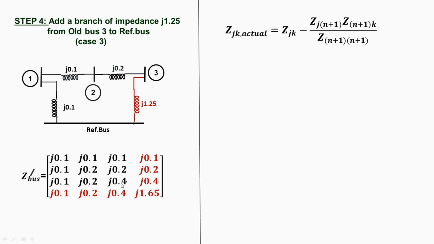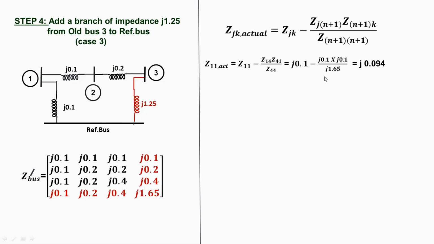First of all, I am going to calculate the new or actual diagonal elements, the modified diagonal elements. Your first diagonal element is Z11 actual. Z11 actual is equal to Z11 old, this is the old value, minus Z14, then Z41, divided by Z44.